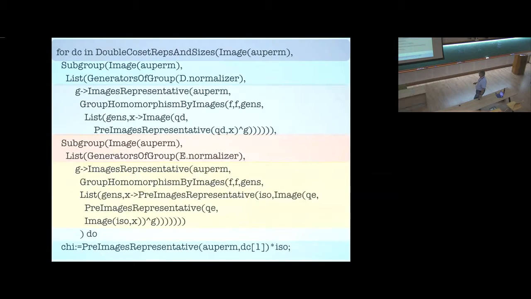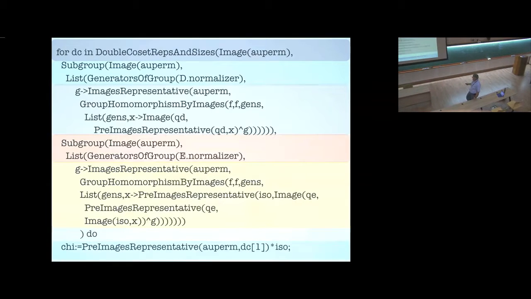And, yeah, what am I doing here? I'm constructing two subgroups. This just looks so horrible because I take normalizer-induced automorphisms of the factor group, translate this to the permutation image of the automorphism group, and do this twice for both parts.